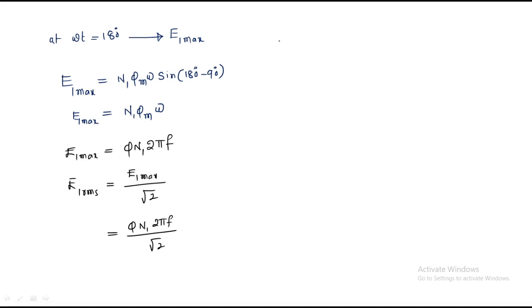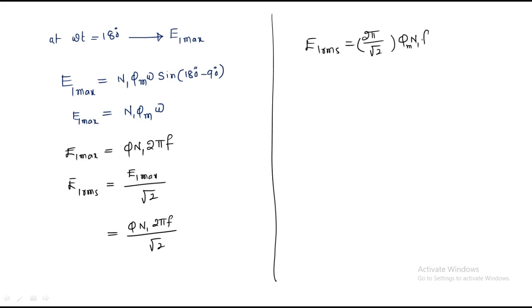From this we get the value of E1 RMS, which is equal to 2π by root 2 into φm N1 f.